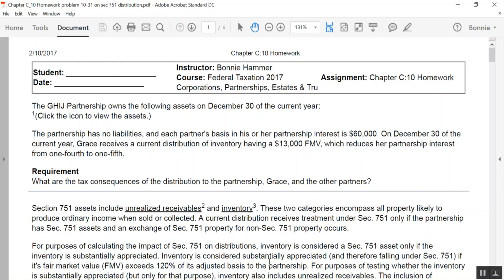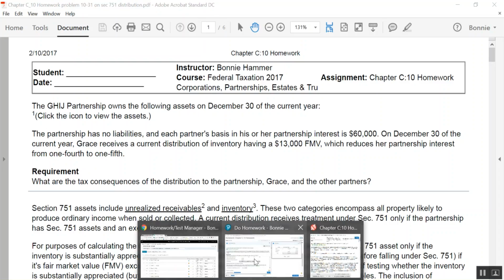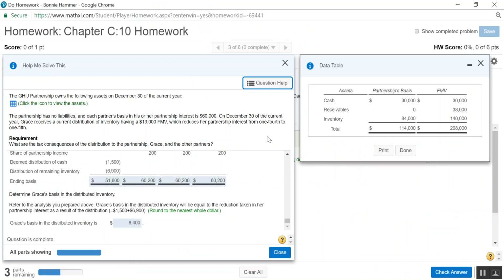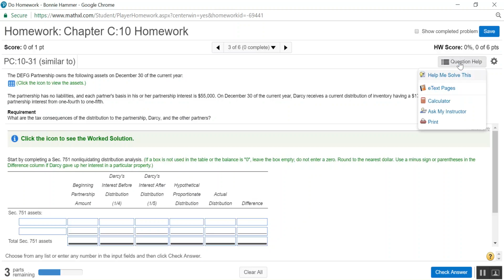However, and what I've hinted at with you guys before, it's very helpful to use the help me solve this option under the help section when you're in the problem. So you're up here in the problems, and there's this question help, and you click on that. There's help me solve this, e-text pages, calculator, ask my instructor, print.